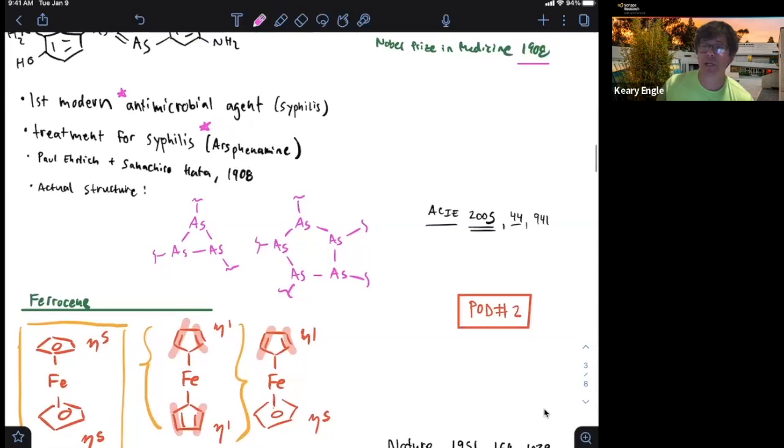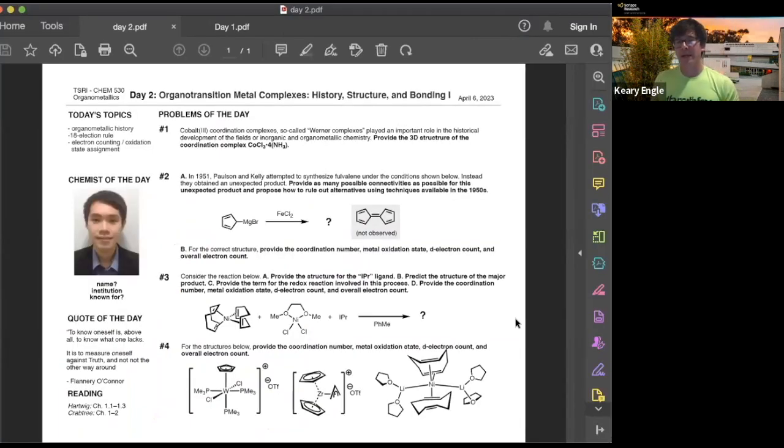Okay, we'll then turn attention to problem of the day number 2, and I will navigate to the worksheet so that I can read that to you if you're following along online.